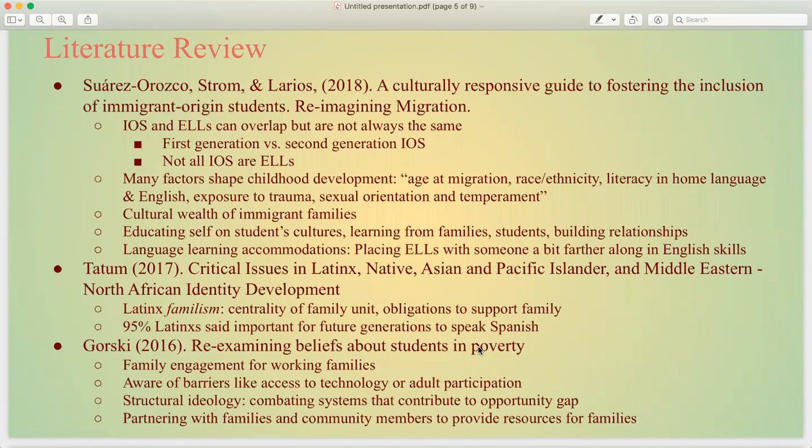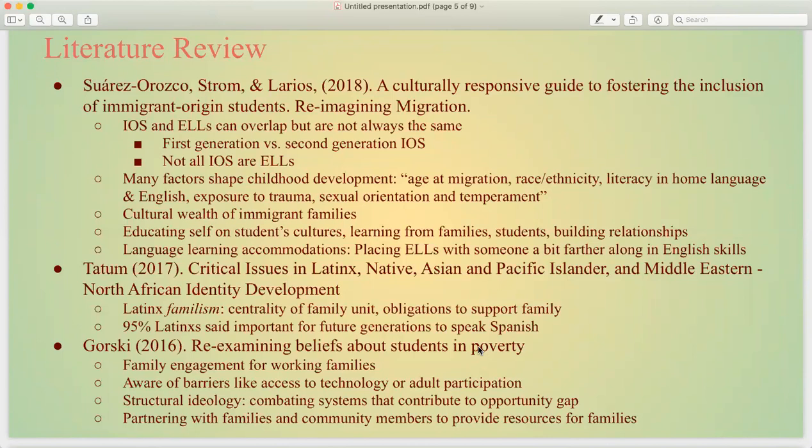And being aware that there are a lot of different factors that can shape a child through migration, but that there's also a lot of good cultural wealth that comes out of these families. And that as educators, it's really important to educate ourselves on the culture, as well as learning in the most respectful way from families and students, really building those relationships.